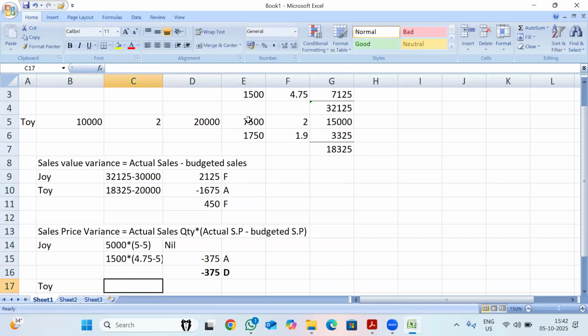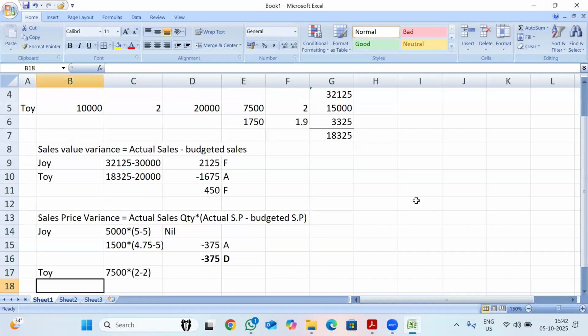Now for Toy also I have to calculate in two different slabs. That is for 7,500 into actual selling price is 2 rupees minus my budget of 2 rupees. So here the variance will be nil. Then for another slab, 1,750 into actual selling price 1.9 minus 2.